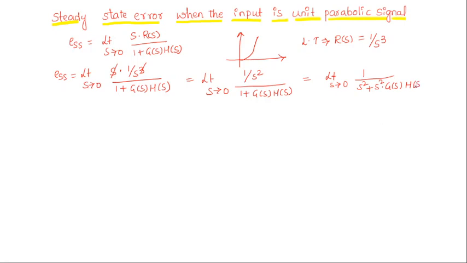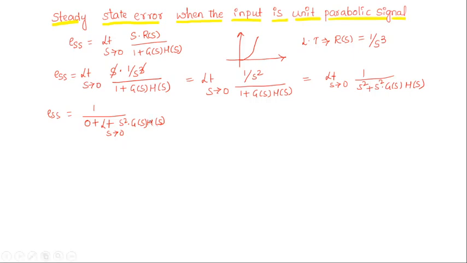Now you can apply the limit. Then ESS becomes 1 by 0, because limit s tends to 0 means s square is also 0, plus limit s tends to 0 s square into G of s into H of s.